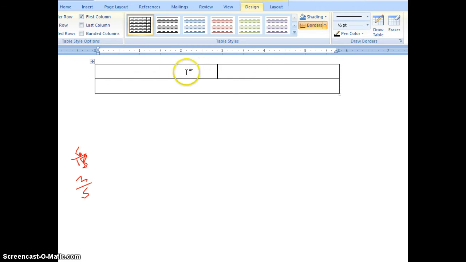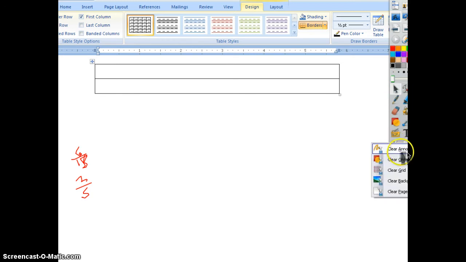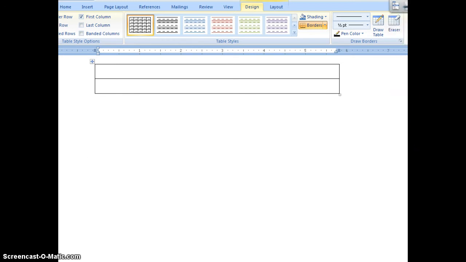So I made this bigger, and now, let me clear my board completely. If I had a fraction, for instance, how about 8/11?